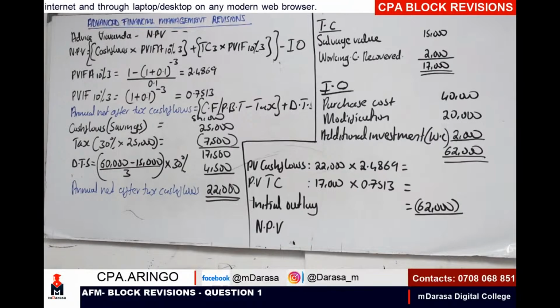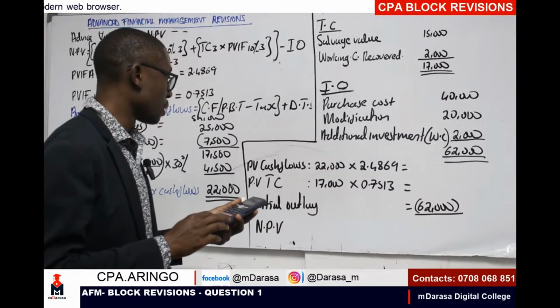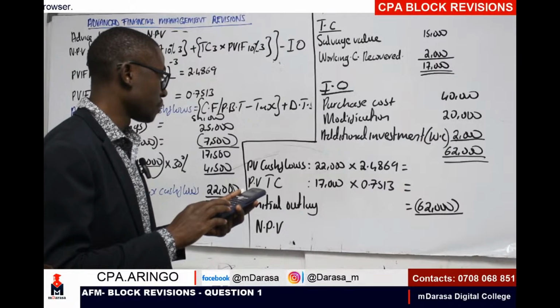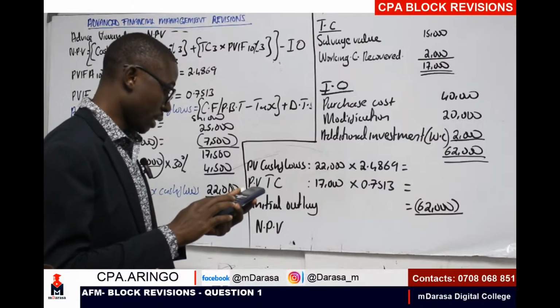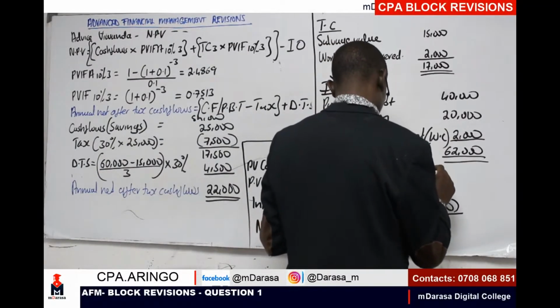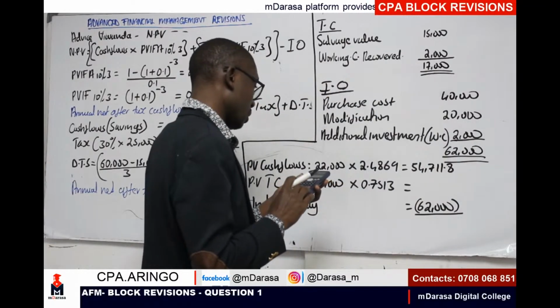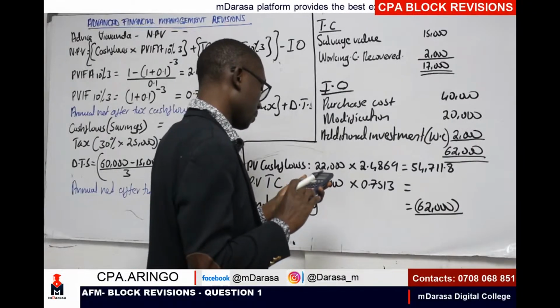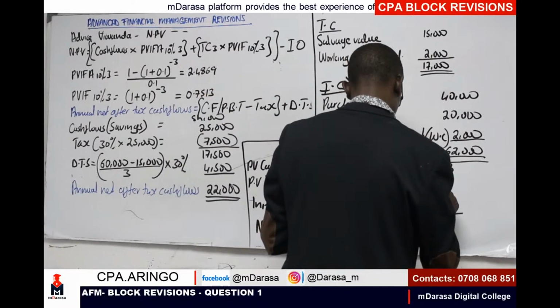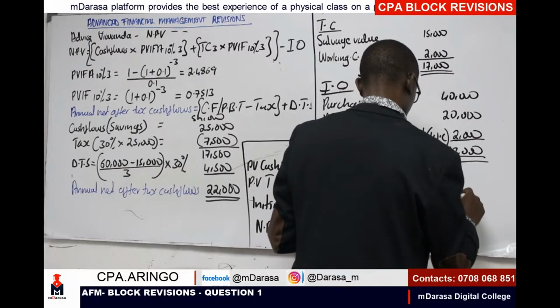So in this case, we should be having my value, which is 22,000 times 2.4869, 54,711.8, plus 17,000 times 0.7513, 12,772.1.